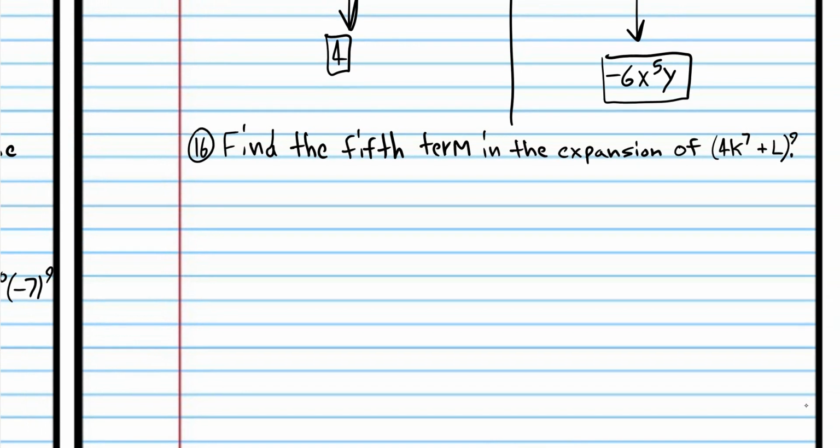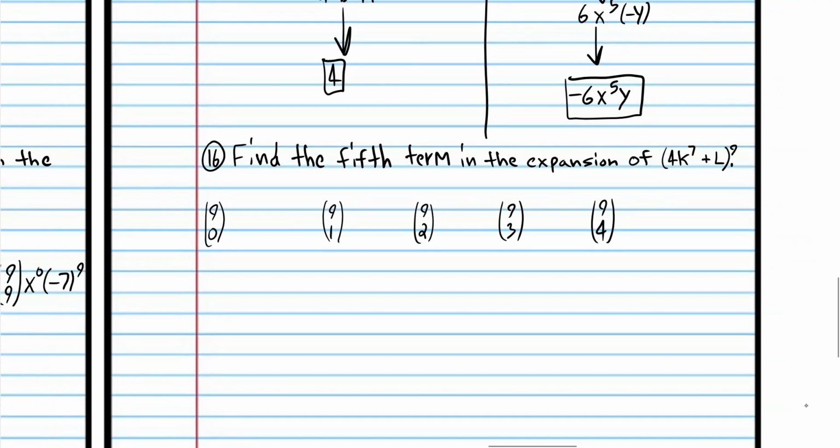So we're going to have 9 choose 0, 9 choose 1, 9 choose 2, 9 choose 3, and 9 choose 4. I think that's the term we're looking for. 1, 2, 3, 4, 5.